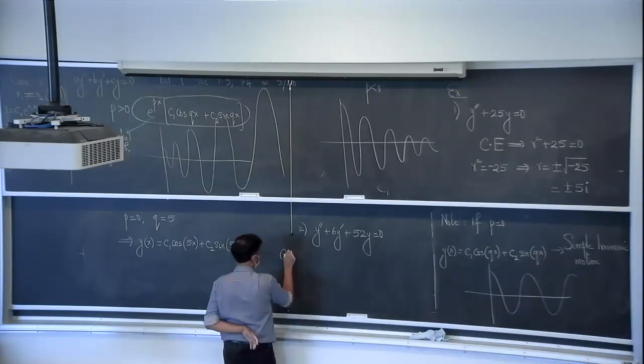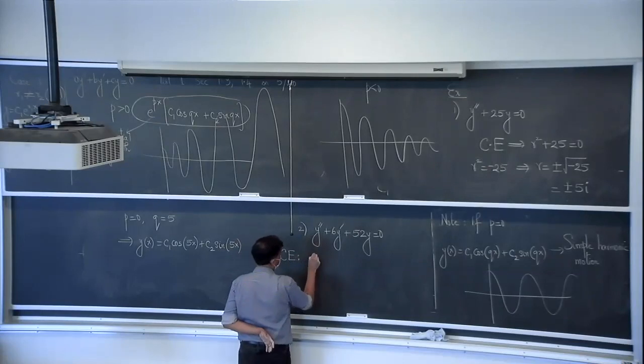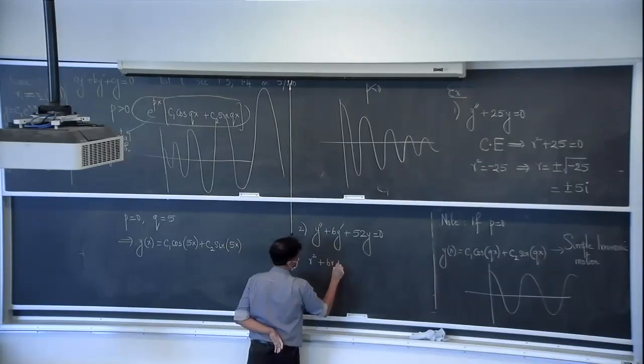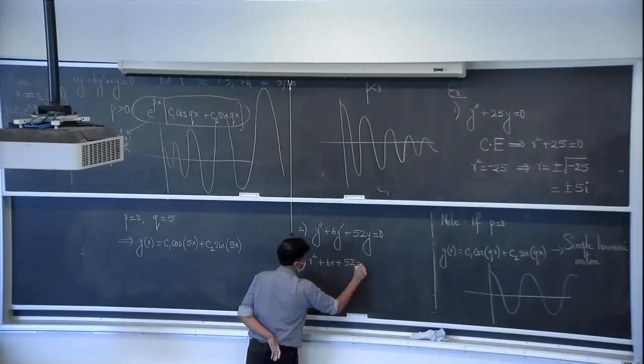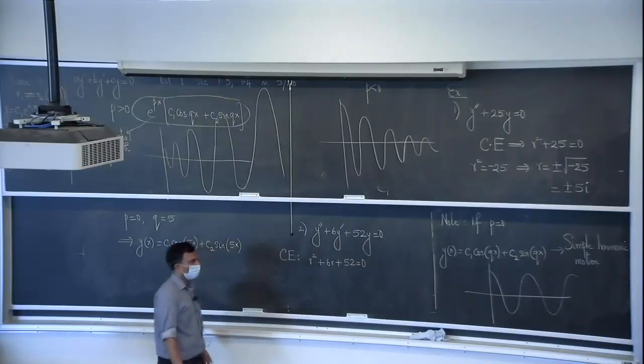So the characteristic equation is r square plus 6r plus 52 equal to 0.